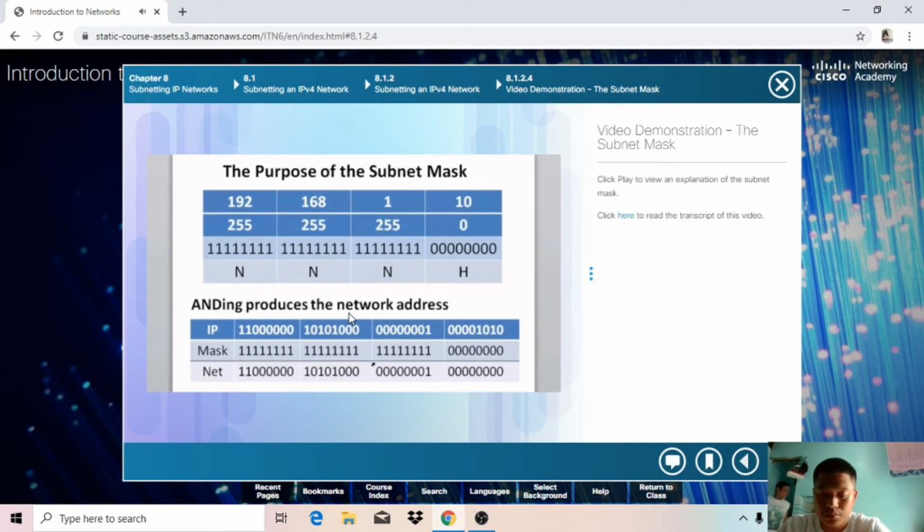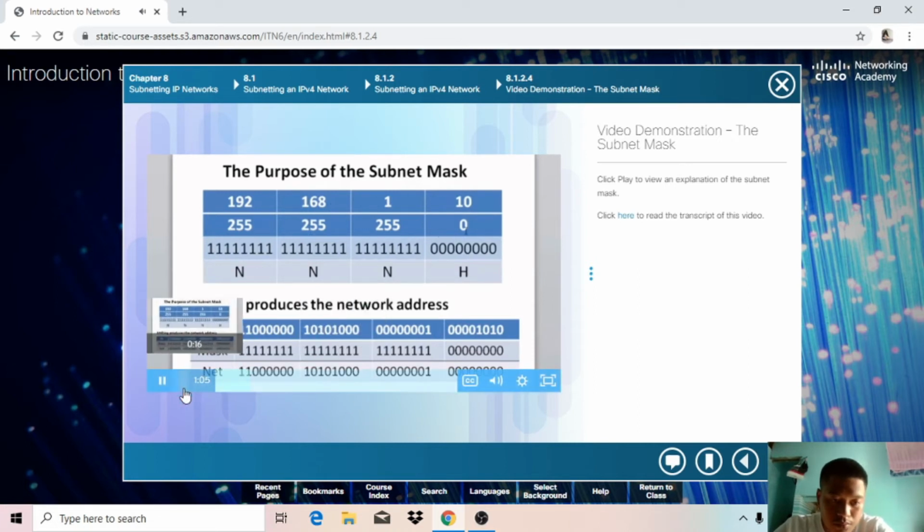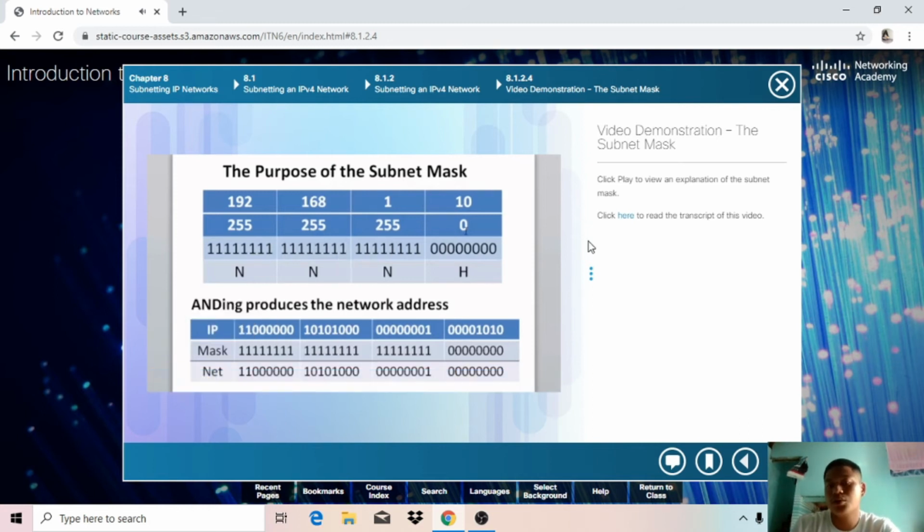This ANDing process is a logical process. A true and a true makes a true, and a false and a true makes a false. If we logically AND the IP address with the subnet mask, we get the network address. So 192.168.1.10 logically ANDed with 255.255.255.0 produces the network address.